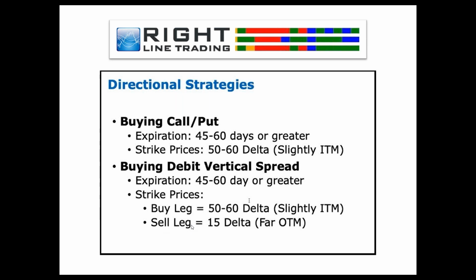The position that you sell, you want to have a very poor delta, i.e. a very poor gamma, and you want it to be far out of the money. You want that option essentially to expire worthless.